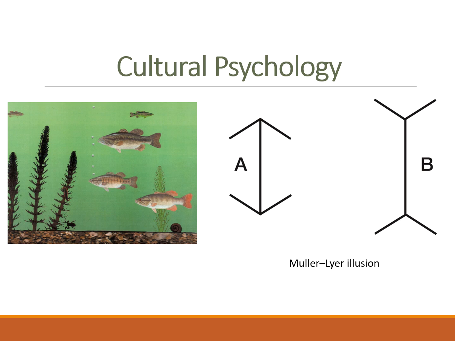When we give this exact same test to people that grew up in a rounded, non-Western civilization, and by rounded I mean they don't have large, tall, angular buildings, they have rounded huts, they see the two lines as identical. In other words, this illusion does not work on them. Again, that doesn't necessarily mean that all research is going to be culturally dependent, but we always want to check: are the findings that we're finding universal, or do they occur differently in different cultures?